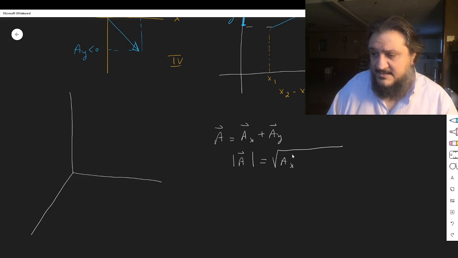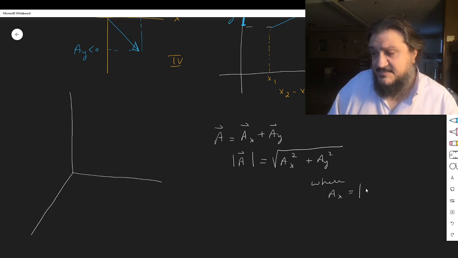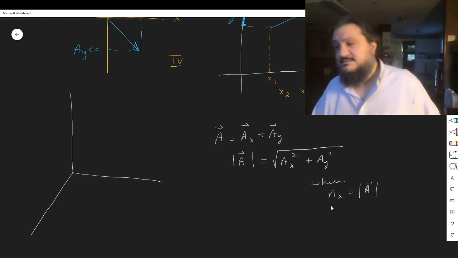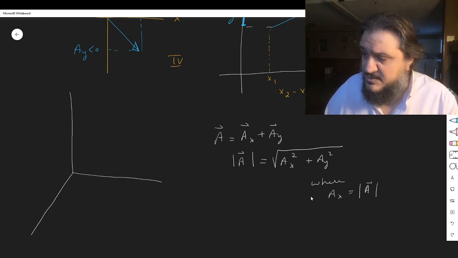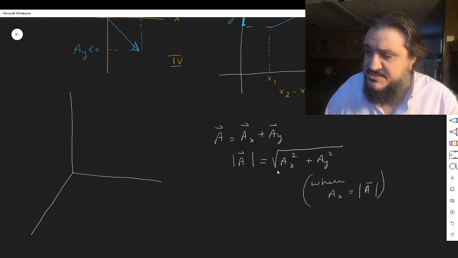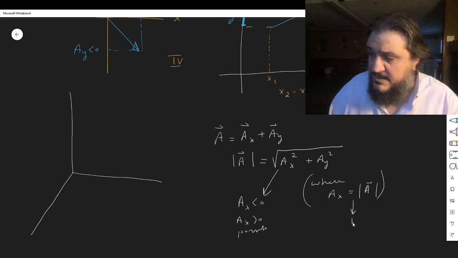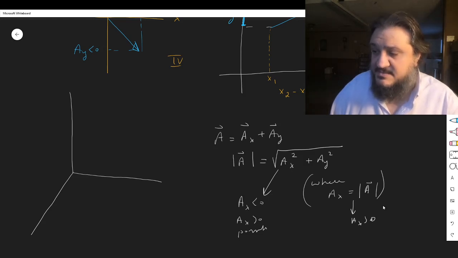The length of ax squared plus the length of ay squared, where ax now stands for the length of the component vector. It also stands for the coordinate itself, or the component itself. So this is what we used before, but this is more general than that. In this formula, ax can be negative or positive. In this case though, ax was always positive.